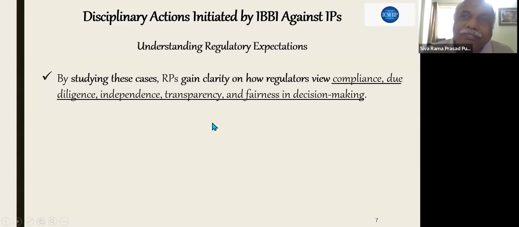By studying these disciplinary committee cases, RPs gain clarity on how regulators view compliance, due diligence, independence, transparency and fairness in decision making. So for the quality of a CIRP or liquidation or other processes, along with the code, rules, regulations and judicial precedents, you should also read the disciplinary committee findings in various cases.